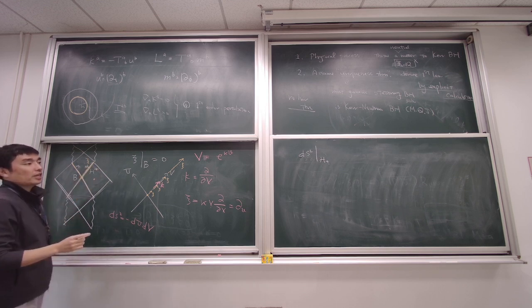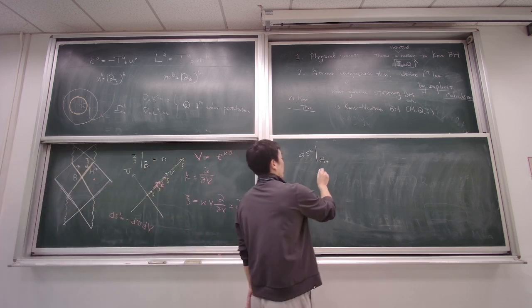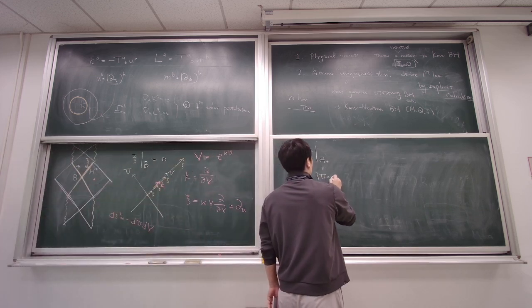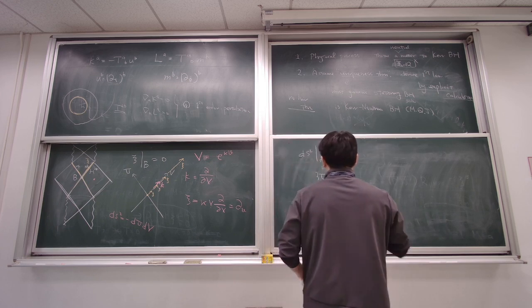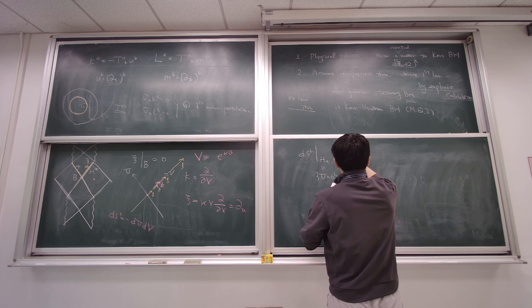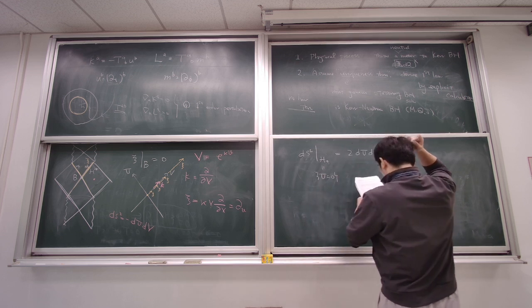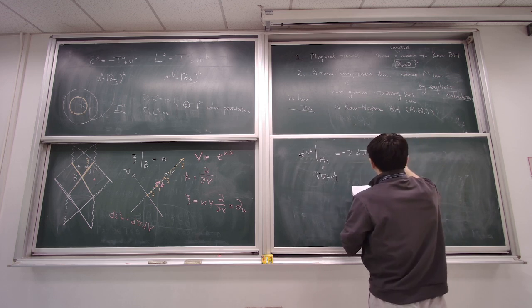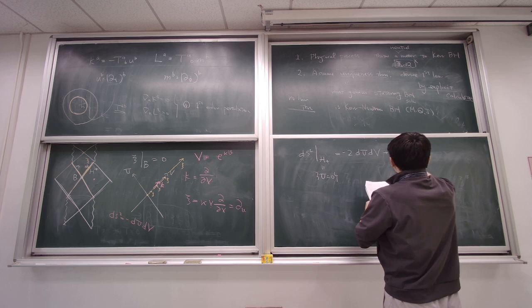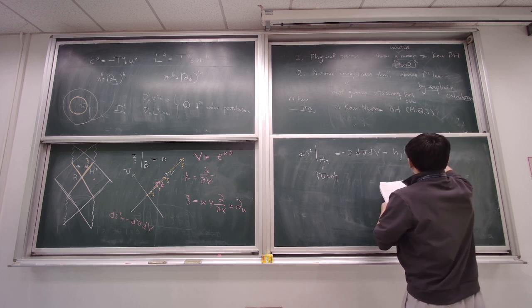This H plus is characterized by capital U equal to 0. So the metric is something like 2 dU dV. I think a minus is missing here, so there must be a minus, right?